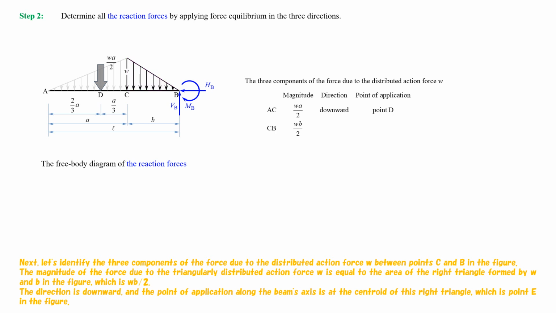The direction is downward. And the point of application, along the beam's axis, is at the centroid of this right triangle, which is point E in the figure.